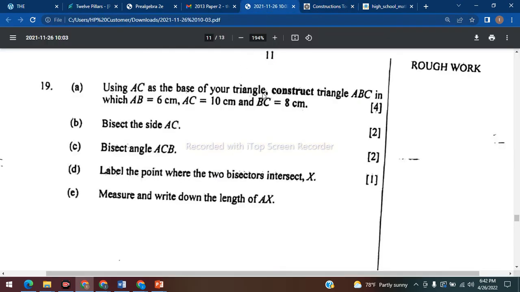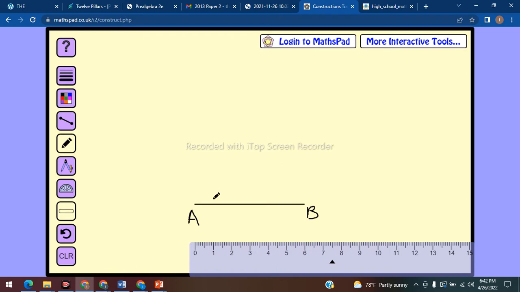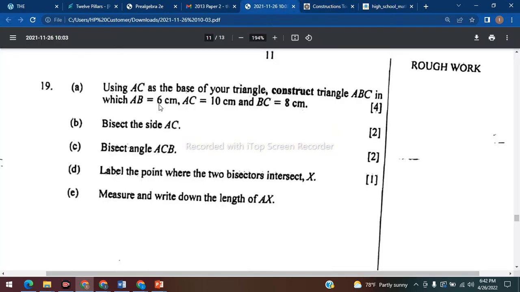The base of your triangle is AB, which is 6 centimeters long. So we put 6 centimeters. Good. That's the first thing.